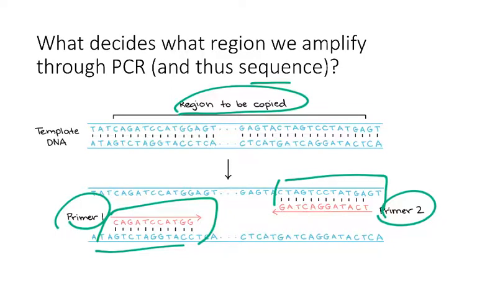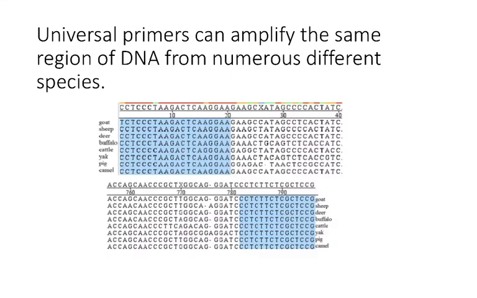And there are two different general types that we'll talk about in this video. And we'll start with universal PCR primers. Universal primers are called universal because what they do is amplify the same region of DNA from different species. So what I have here in this image is an alignment of a DNA sequence from very different types of species. So goat, sheep, deer, buffalo, cattle, yak, pig, and camel.